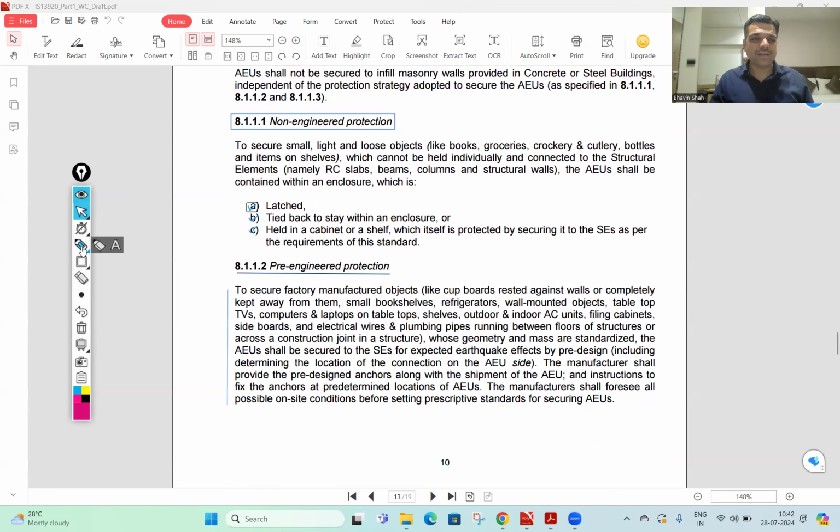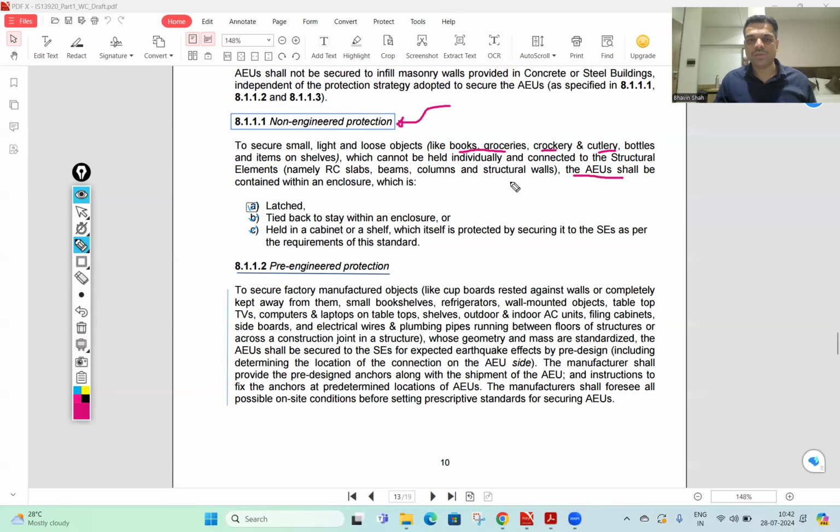Then there is a non-engineered protection to secure small, light, and loose objects, let's say like books, groceries, crockery, cutlery, bottles, etc., which cannot be held individually and connected to the structural elements.